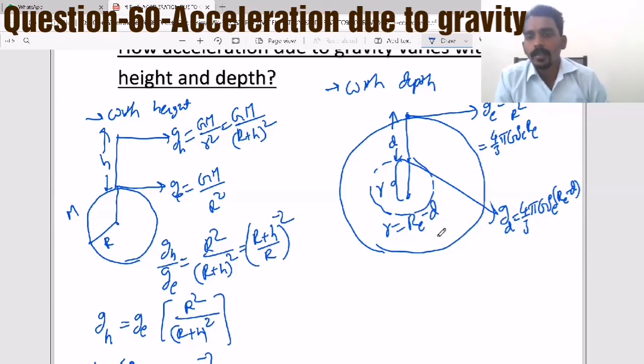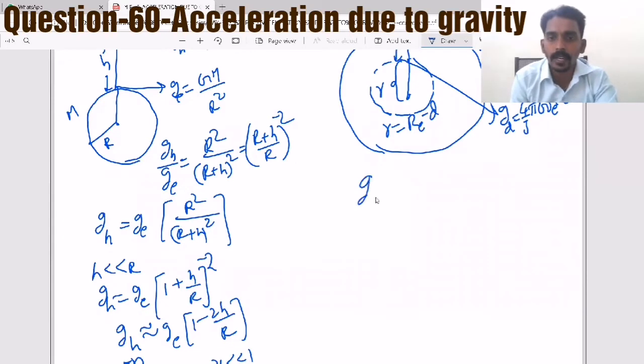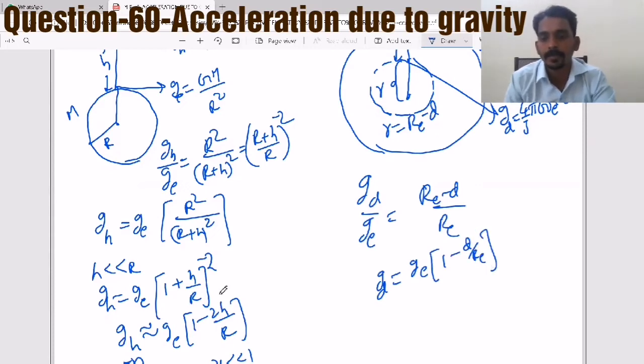So that's why we take the equation in terms of density, so that the average density is the same for everything. Whether you take a portion of the mass or the full Earth, the density remains the same. Then if you divide gd by g, it becomes R minus d by R. Then g at any depth becomes g into 1 minus d by Re.